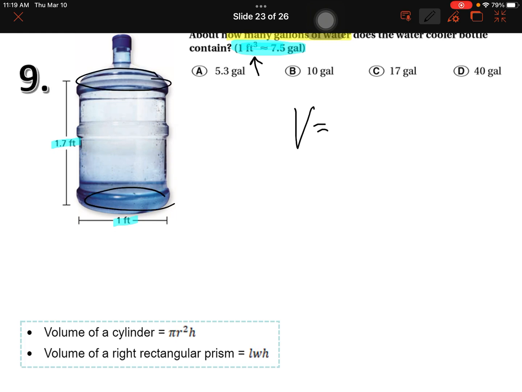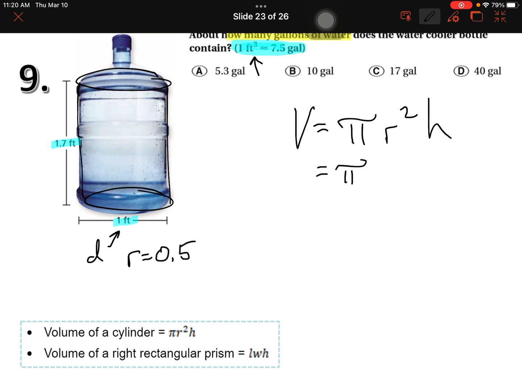And this shape is really just a cylinder. So I'm going to go pi r squared times the height. So we're going to go pi, and if this distance, 1, goes all the way across, that would be the diameter, so the radius would be 0.5. So we're going to put in 0.5 squared, and the 1.7 would then be the height of this water jug.